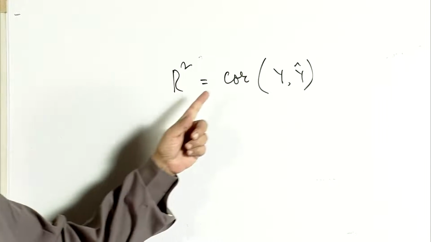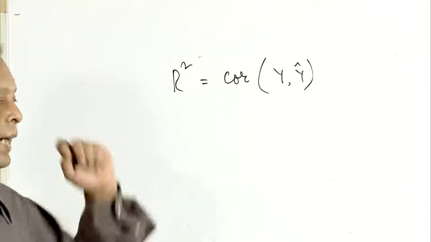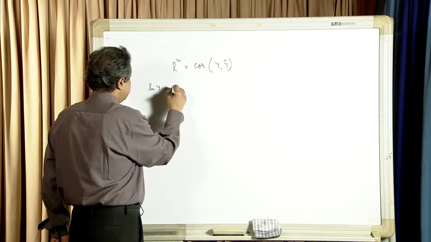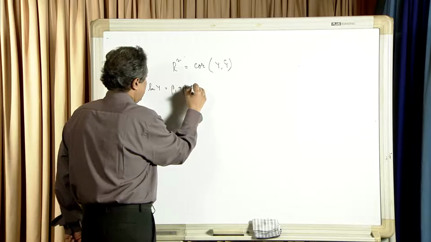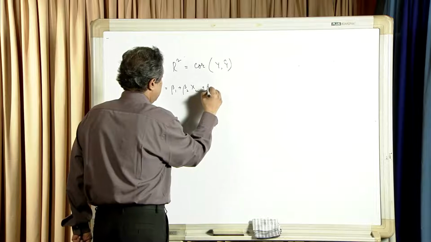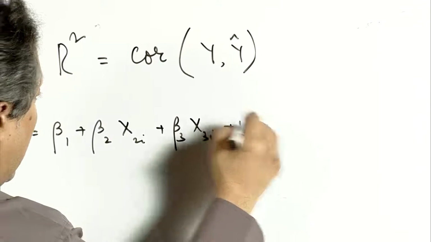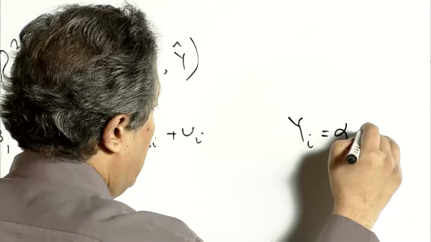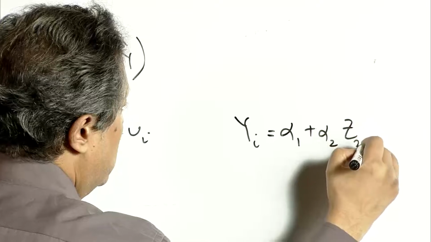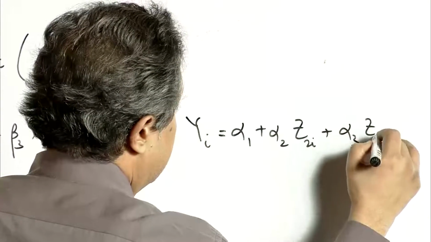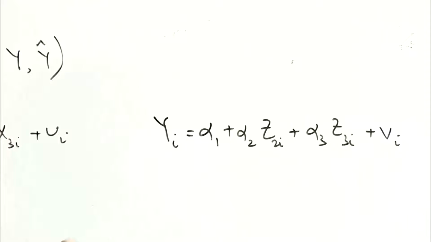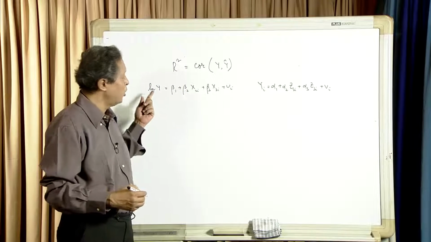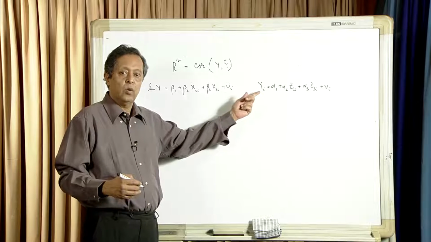So, R square is nothing but the simple correlation between y and y hat, and supposing we have a model where log of y is beta 1 plus beta 2 x 2i plus beta 3 x 3i plus u i, and another model where simply y i is equal to alpha 1 plus alpha 2 z 2i plus alpha 3 z 3i plus v i. The structure is the same as in the classical linear regression model, but here the explained variable is log y, whereas here the explained variable is only y.